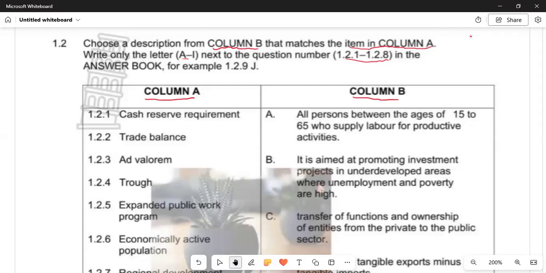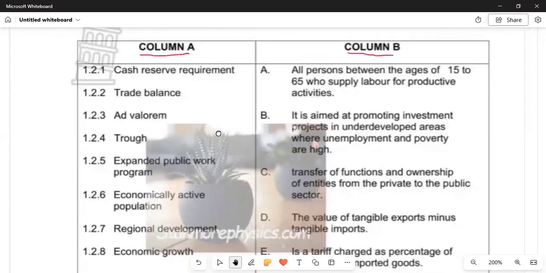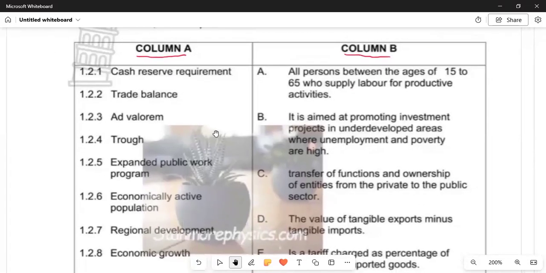So without wasting time, let's quickly go to our matching items. Then 1.2.1 says cash reserve requirement. So we want to see the description that is going to match cash reserve requirement.